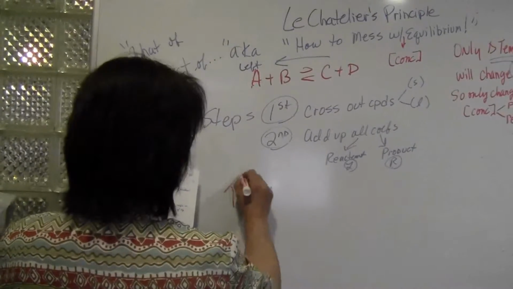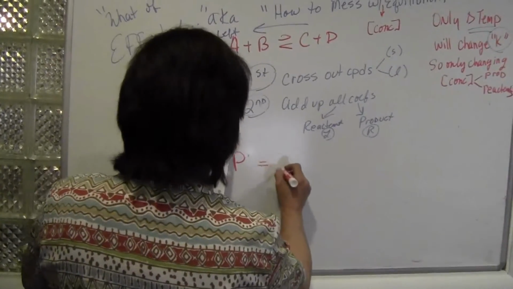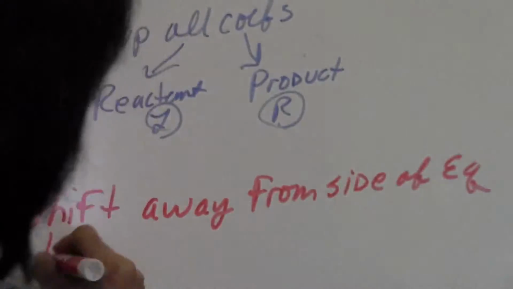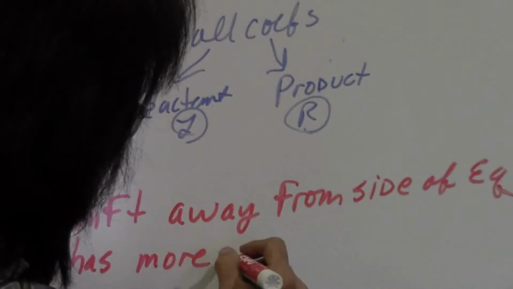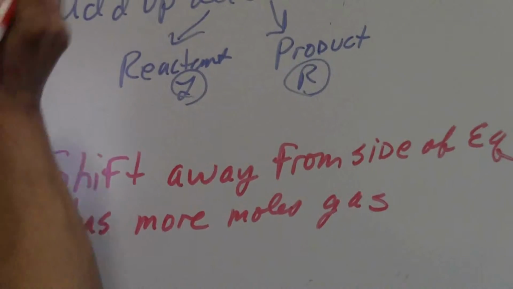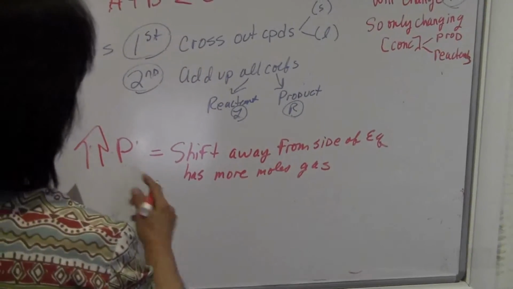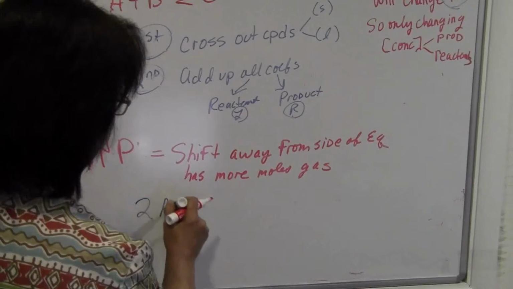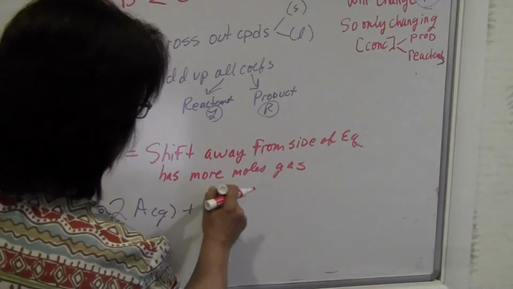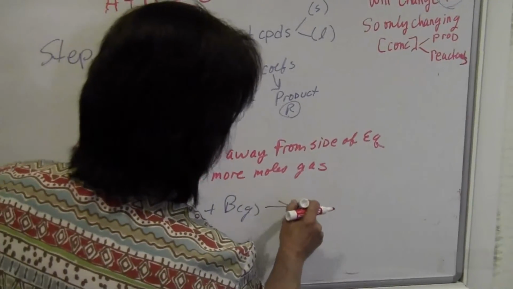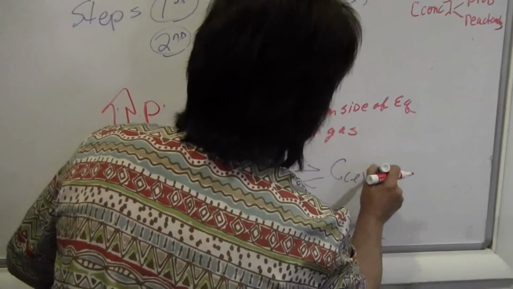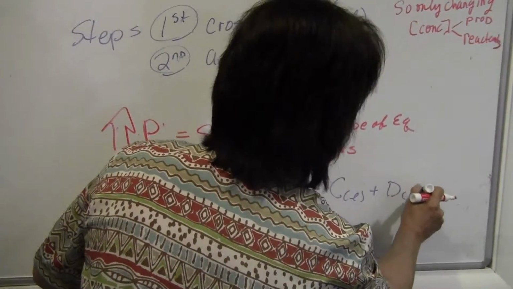If you increase pressure, you're going to shift away from the side of the equation that has more moles of gas. So for example, if I said 2A and it was a gas plus B and it was a gas makes C, which is a liquid, plus D, which is a gas.